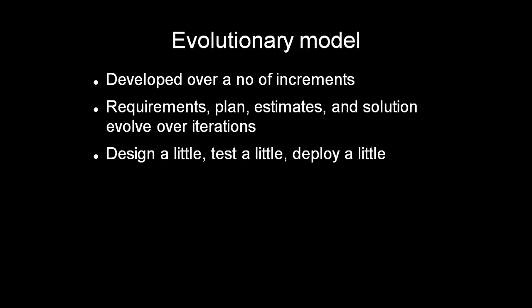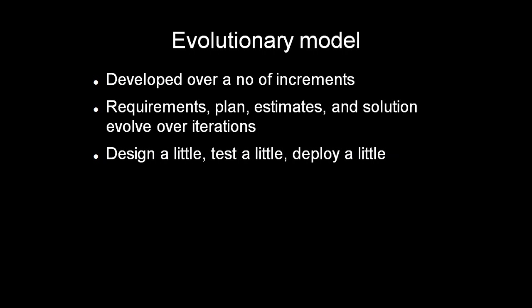Like in the incremental model, here in the evolutionary model also, we develop the software in increments. What we do is we develop a feature, it is implemented and deployed on the client side. Then the software is again refined, and again the next version of the software will be delivered to the customer.